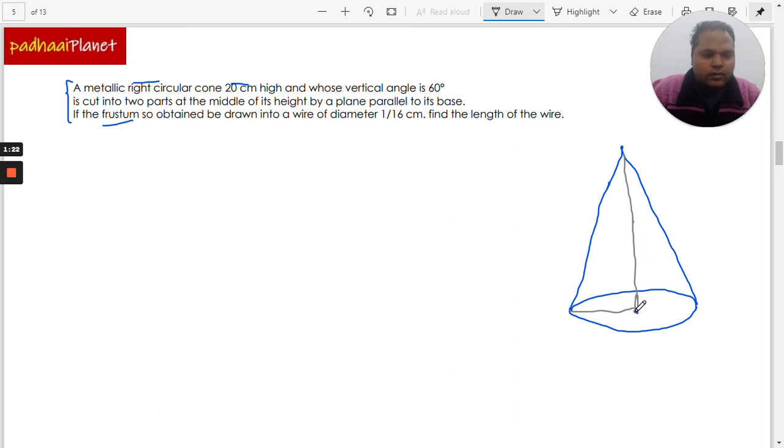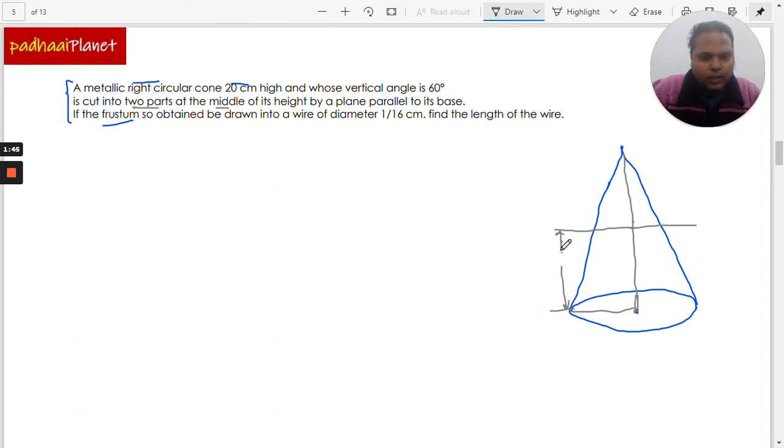This is the radius. Now what they're saying is that the cone is cut into two parts at the middle, right? So at the middle means somewhere here. The height is going to be equal, right?